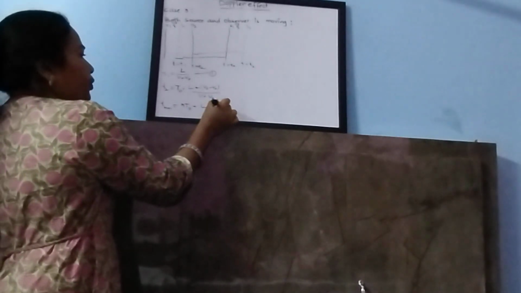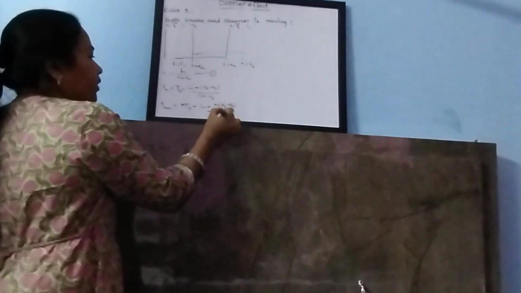From this, as in the last class, when the n plus 1 crest reaches the observer, it takes the time Tn plus 1, which equals n t0 plus L plus n into Vs minus V0, all divided by V plus V0.